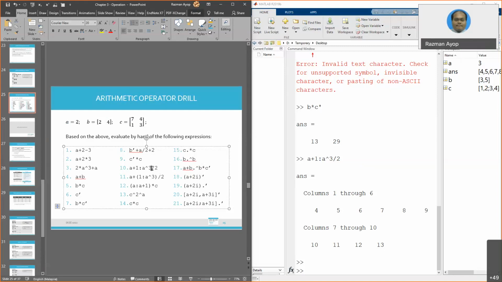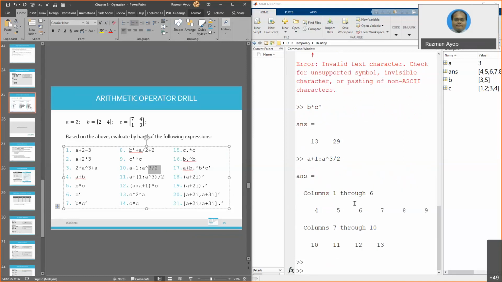Sorry, there is no parenthesis, the bracket. So you have to calculate the power of first, and then you have to divide. So 9 divided by 2 is 4.5, right?